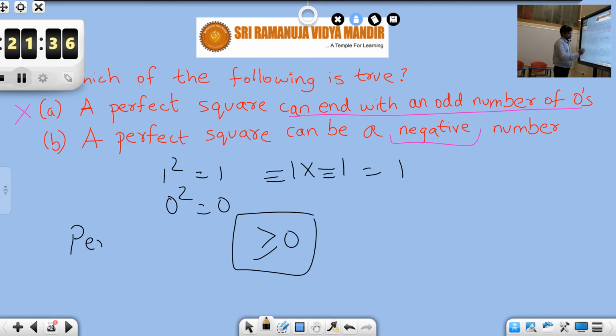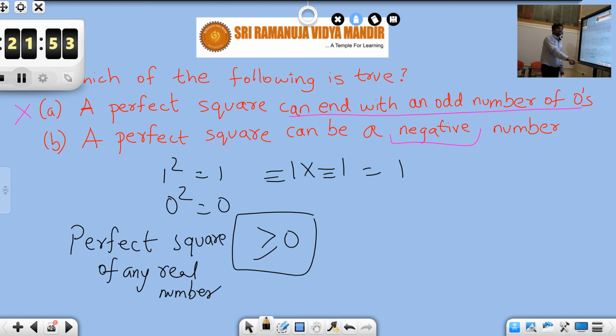Perfect square of any real number, whatever we know till date, is always greater than or equal to 0. When does 0 occur? If the number is 0.